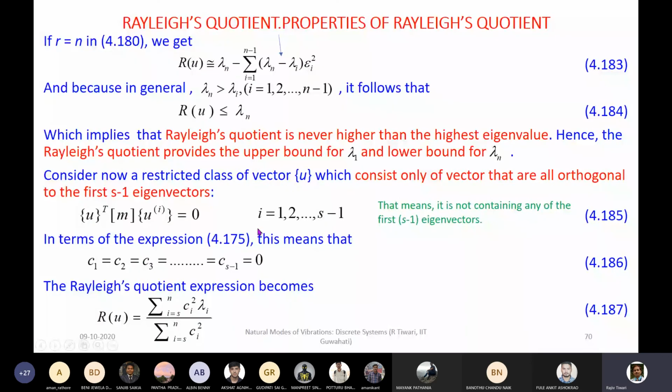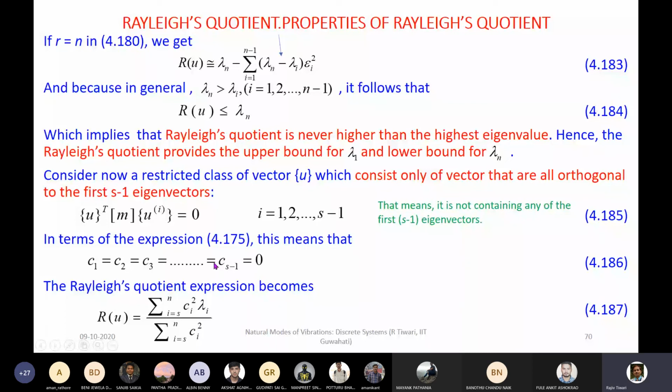the last one is a very specific case in which, let us say, the choice of the vector u is such that it is not containing the first s minus 1 eigenvectors. It is containing only the eigenvectors from s to n. So in that particular case, according to the expansion theorem, if u is not containing the first s minus 1 eigenvectors, that means the corresponding coefficients are 0.